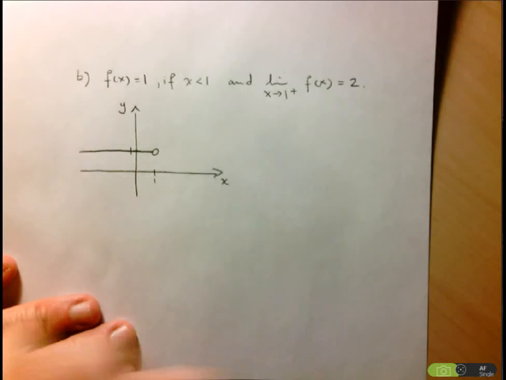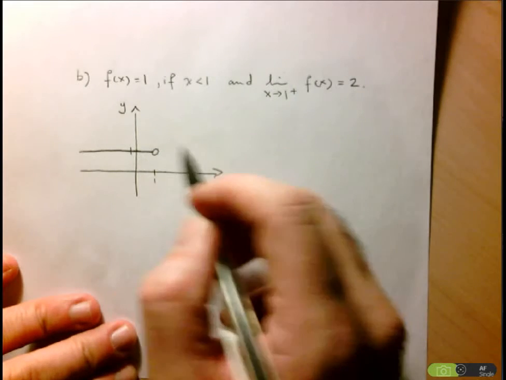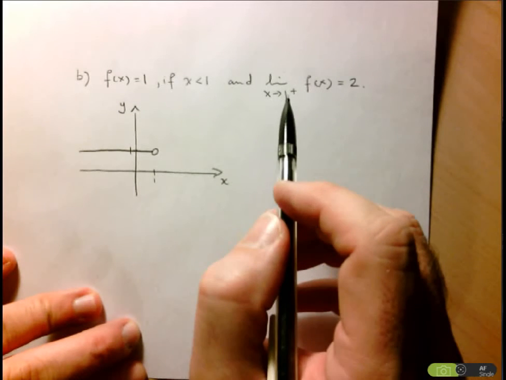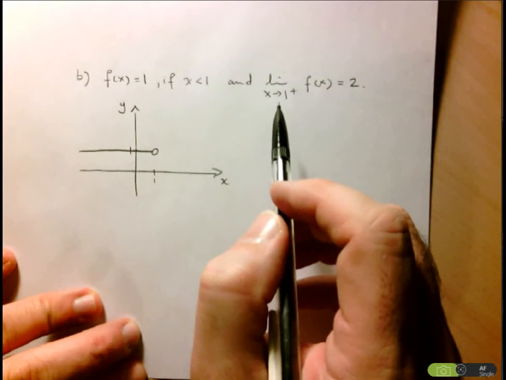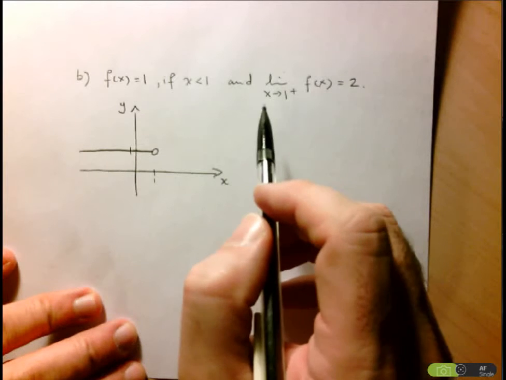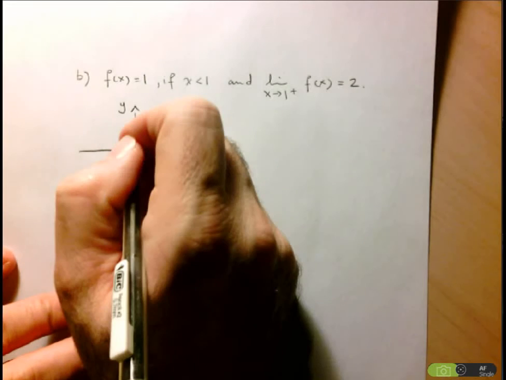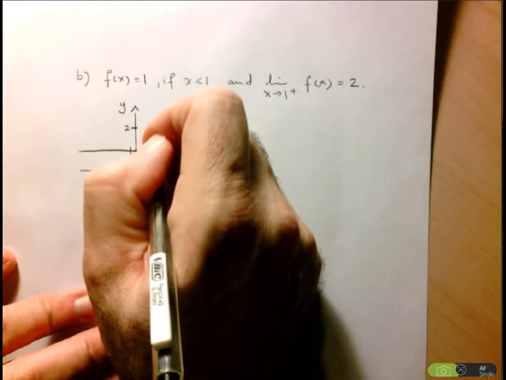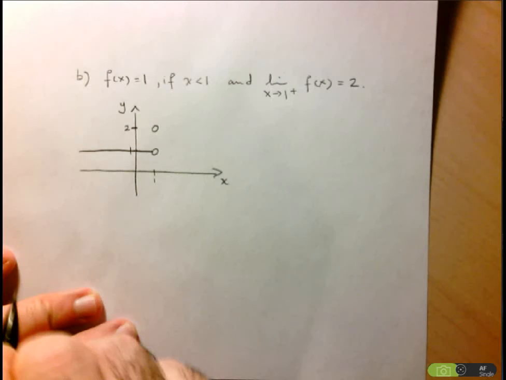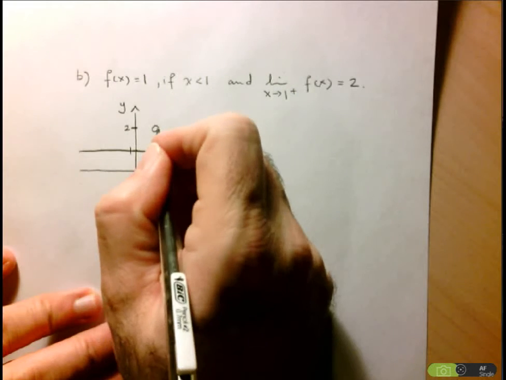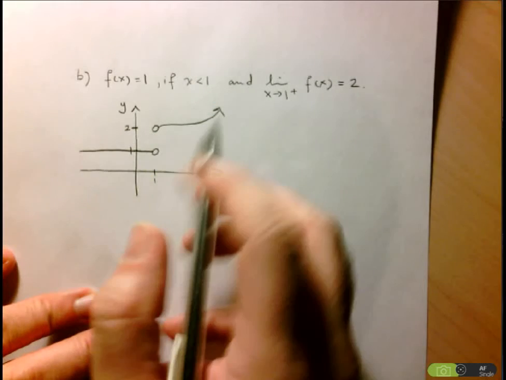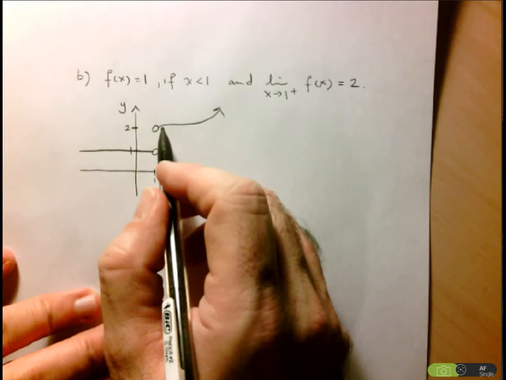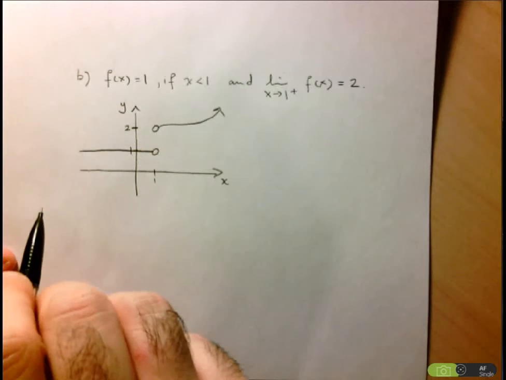Now the only condition on the right hand side is that the limit approaches 2. It doesn't tell us what the function has to be, just that it has to approach 2. So this is where we have some flexibility. I can certainly leave this an open circle, and any function that, there you go, as I approach 1 from the right, this function here is approaching 2.